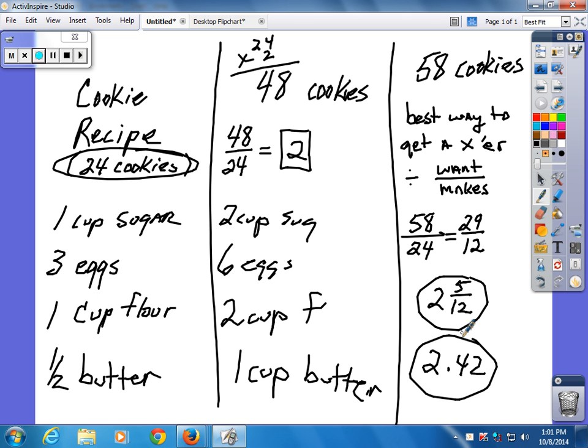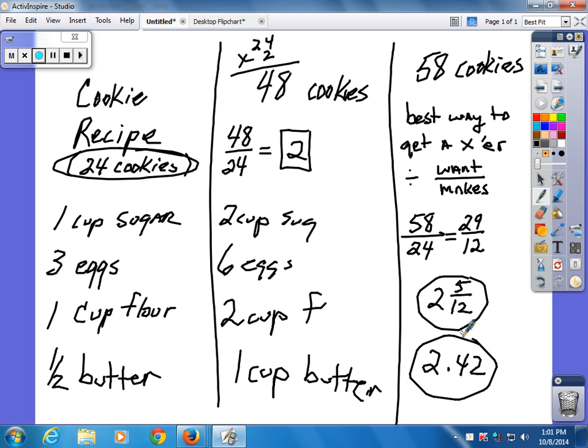So take 2.42 and multiply it by 6 eggs. What do you get?